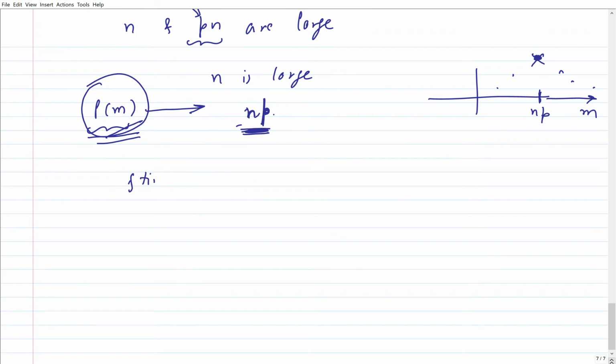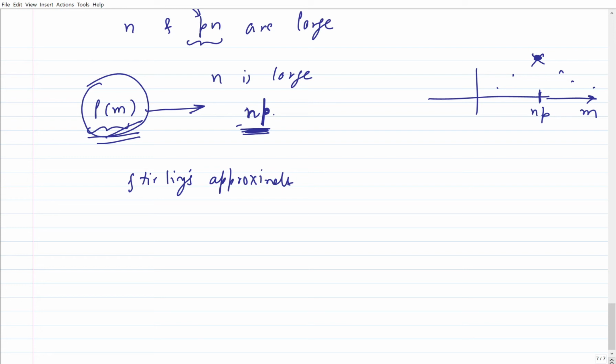So this is a very useful approximation, which can be recast into many avatars.